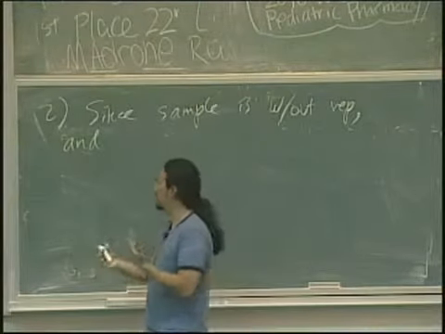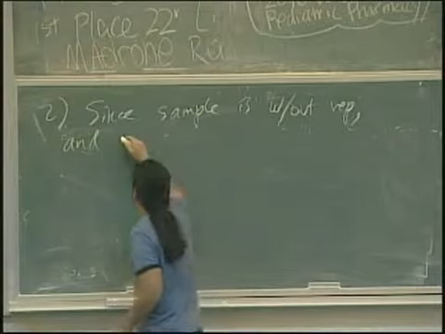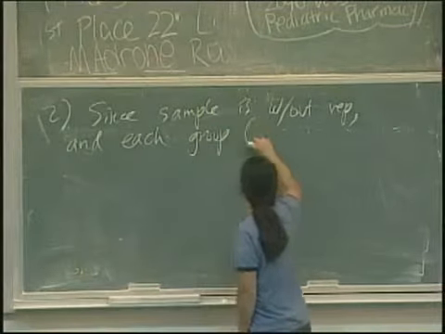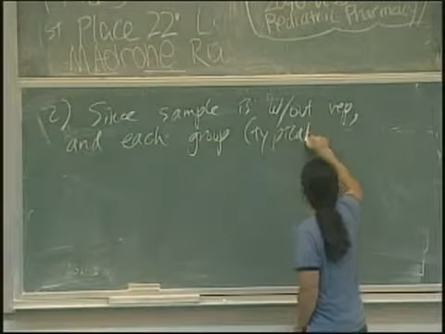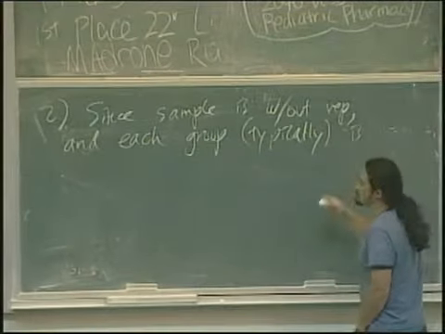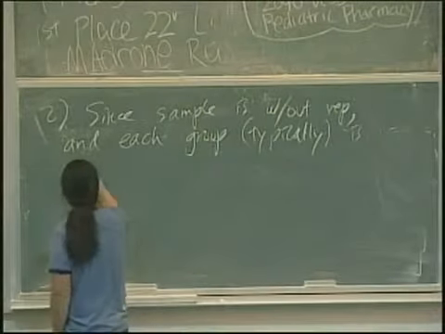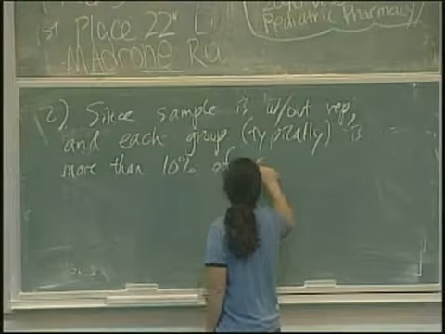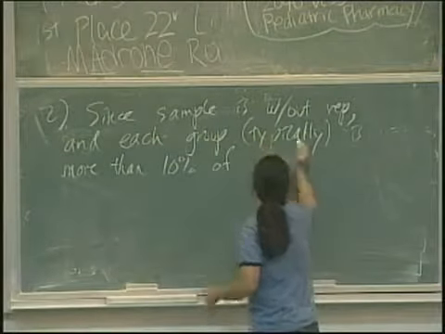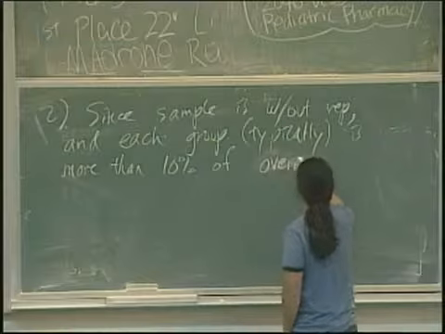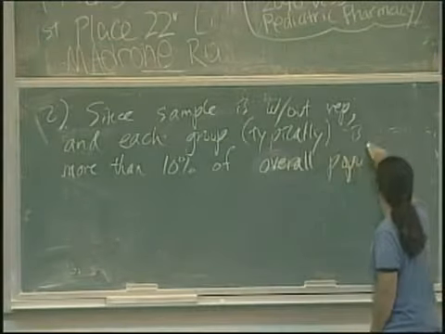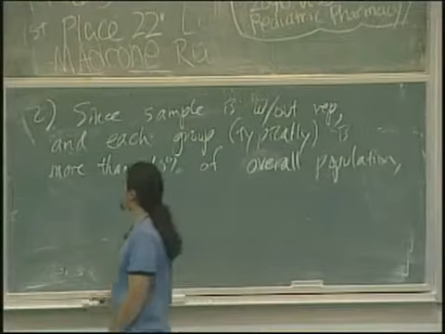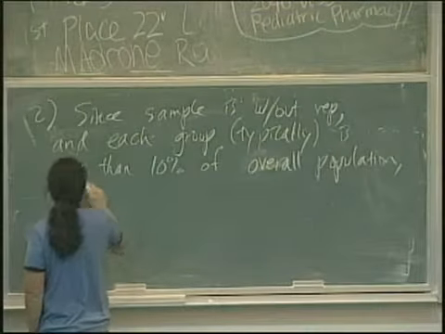But in any case, I'll just say typically, each group is more than 10% of the class, or let's say, just to be more general, of the overall population. Maybe we should use the correction factor.